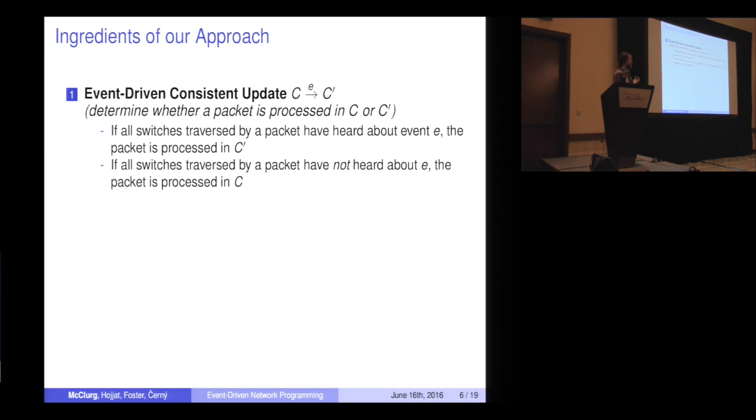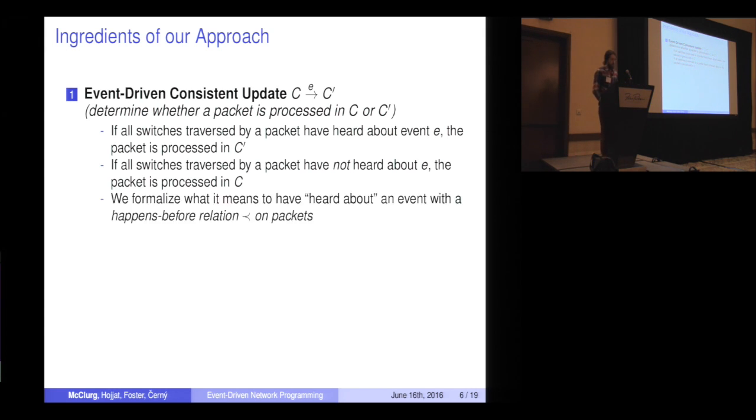Similarly, if none of the switches traversed by the packet have heard about the event, then it will be processed in the initial configuration. What remains to be seen is what it means to have heard about an event, and for that, we use a happens before relation on packets. So this is the first piece of the puzzle.